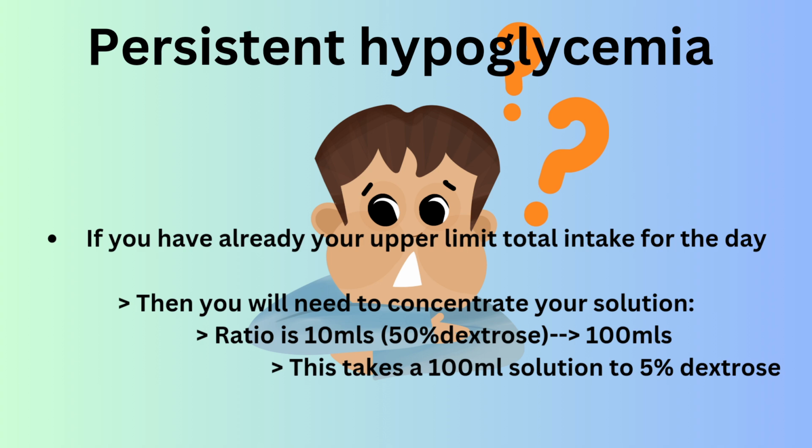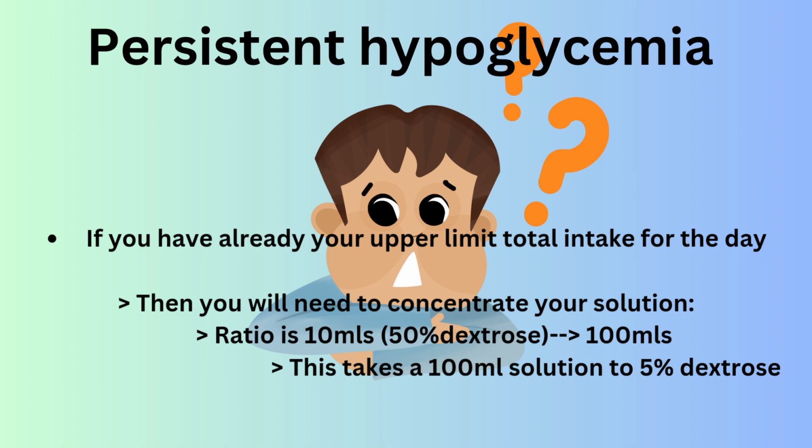So it means if you take just 10 mls of 50% dextrose and you put it into a 200 ml bag of Neolite, instead of increasing that concentration by 5%, it will increase it by 2.5%, because your ratio is not 10 is to 100 in this case. Your ratio is 10 is to a 200 ml bag.